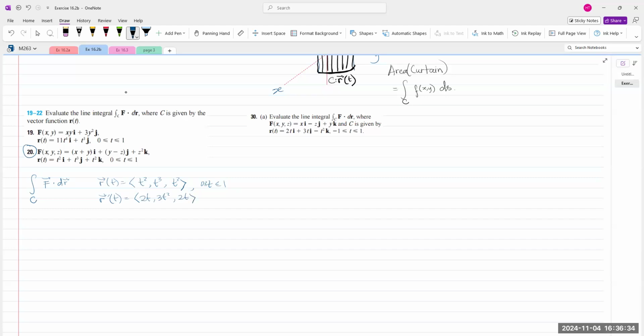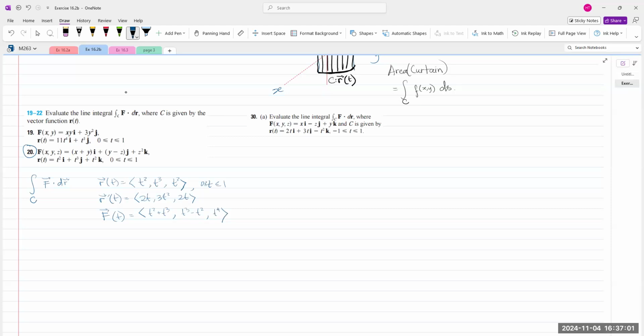Now how about the vector field f in terms of t? We'll basically replace x, y, z with t terms. This will be t squared plus t cubed for the first component. The second component is t cubed minus t squared. And the third component will be t squared squared, which is t to the fourth.